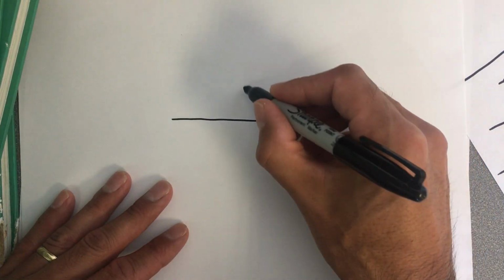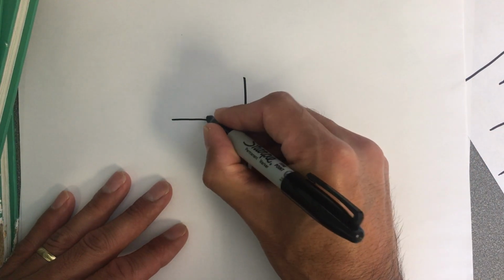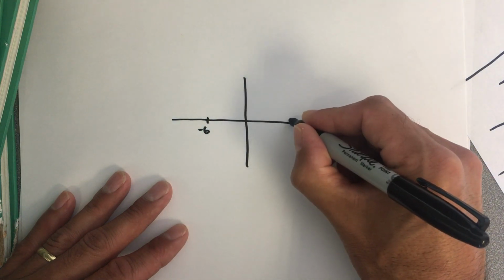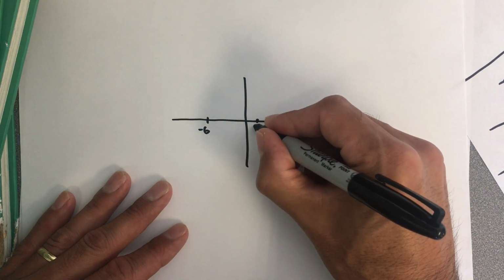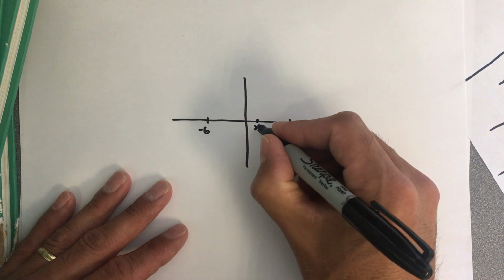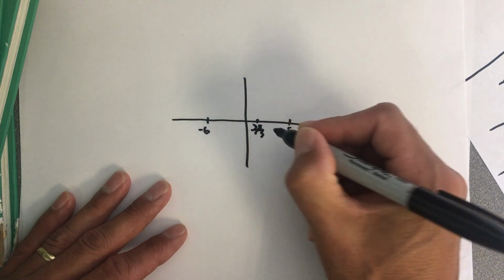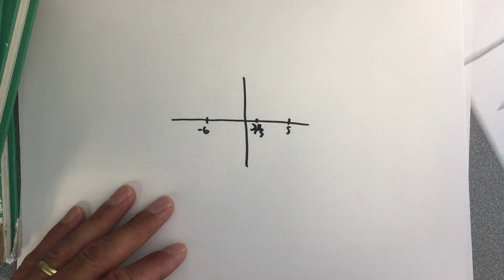Now, let me plot in the zeros carefully. Our zeros are at negative 6, 5, and 2/3. So I've got a 0 at negative 6, one over here at 5, and one over here at 2/3. So that's 2 over 3, or 0.666.